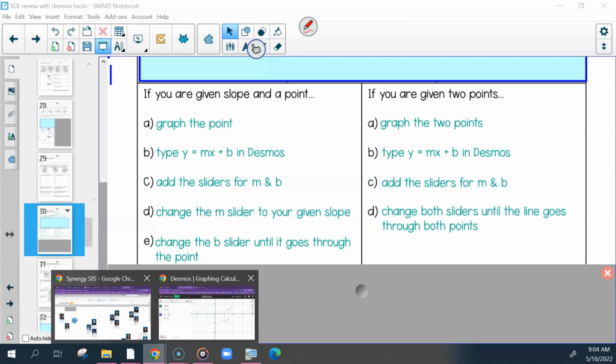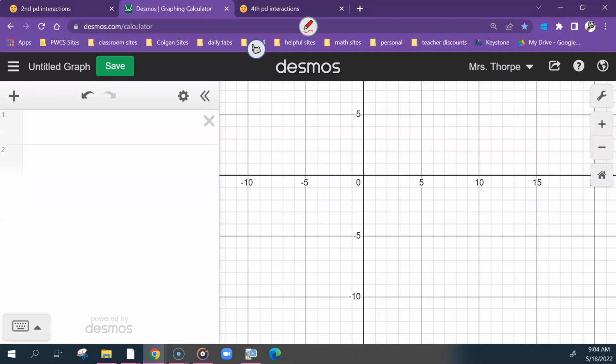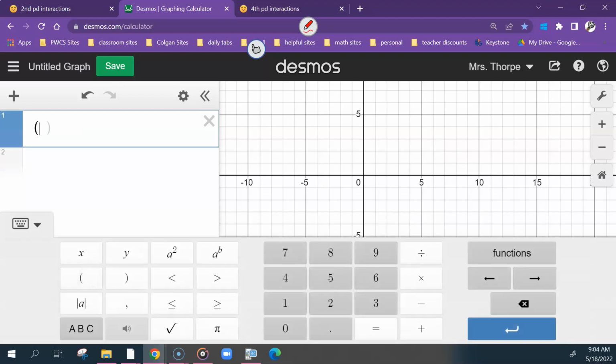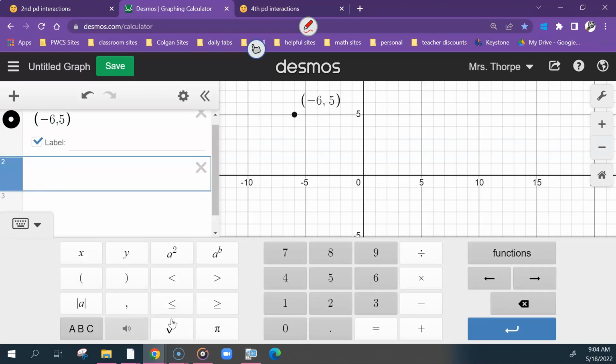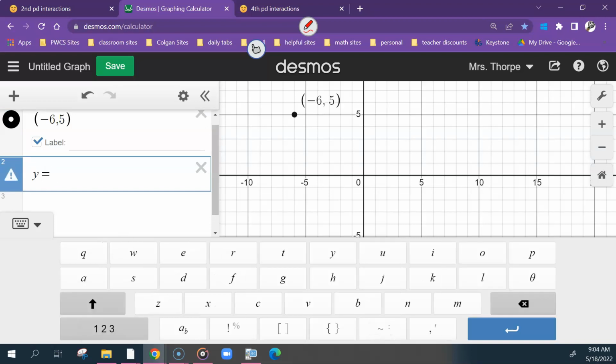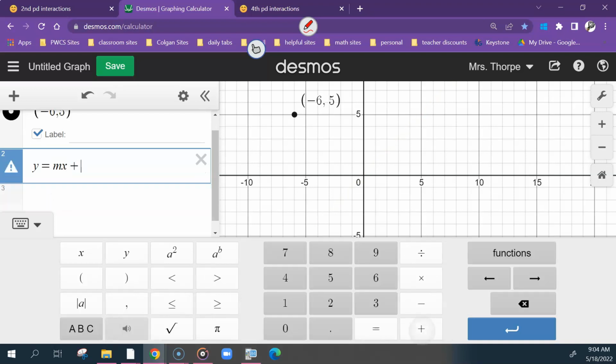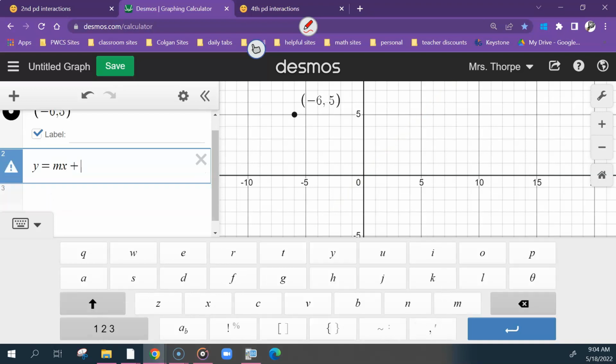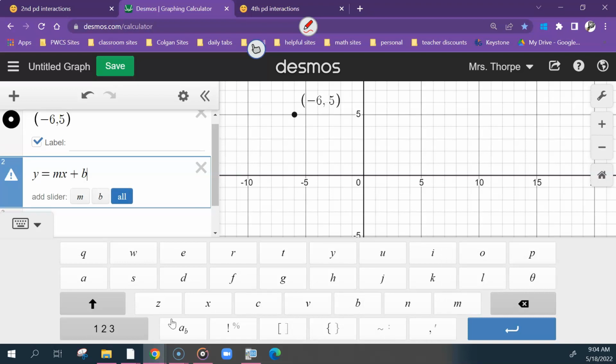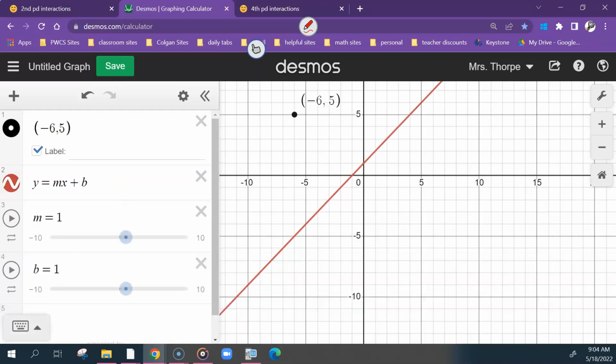For 14, I'm going to put in the ordered pair they gave us, so negative 6, 5. And then I'm going to type in y equals mx plus b. This would be easier for you guys because you still have them here, you can type it in. It'll give me the options to add sliders. I want all.